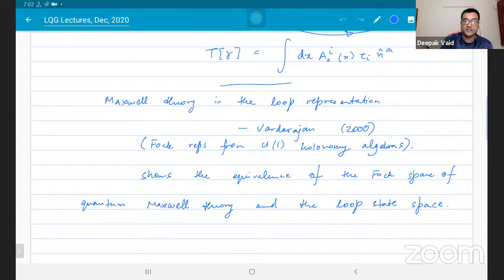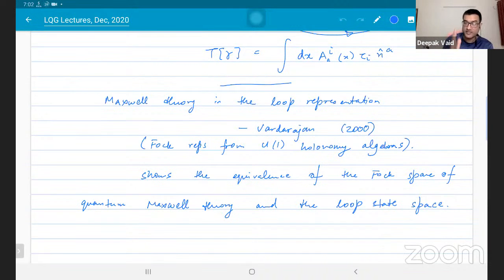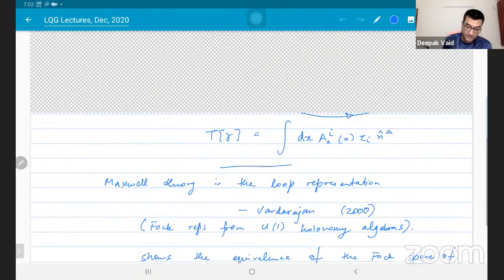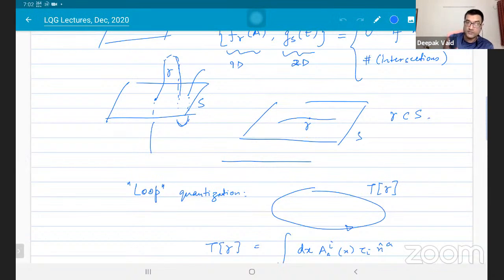In that case, the Poisson bracket vanishes, unless there is an intersection, that is, unless there is a component of the curve which is normal to the surface at some point. Unless there is some normal component, the Poisson bracket will be 0.